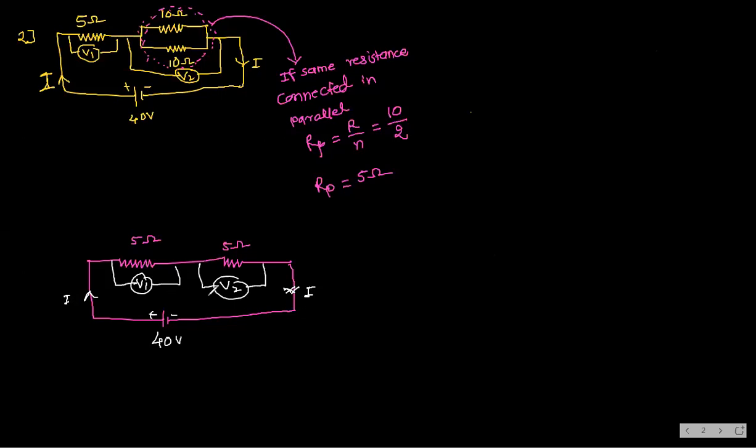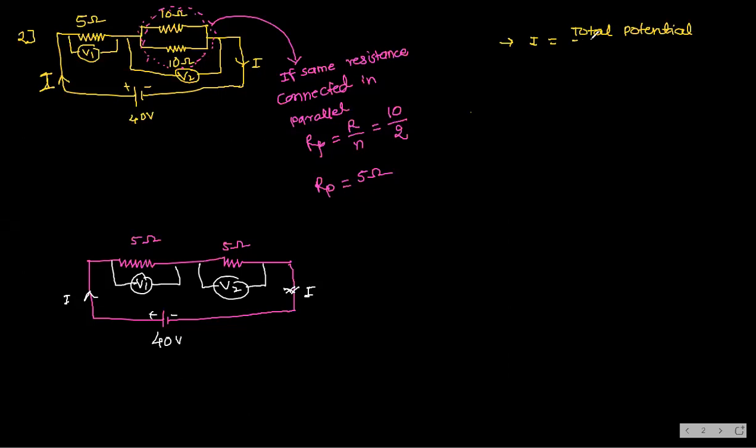Those who still have doubt, listen carefully, because the next problem will have a little twist, so you should be ready. One more time I am solving this. First we have to find I. For I, the formula is total potential divided by total resistance.